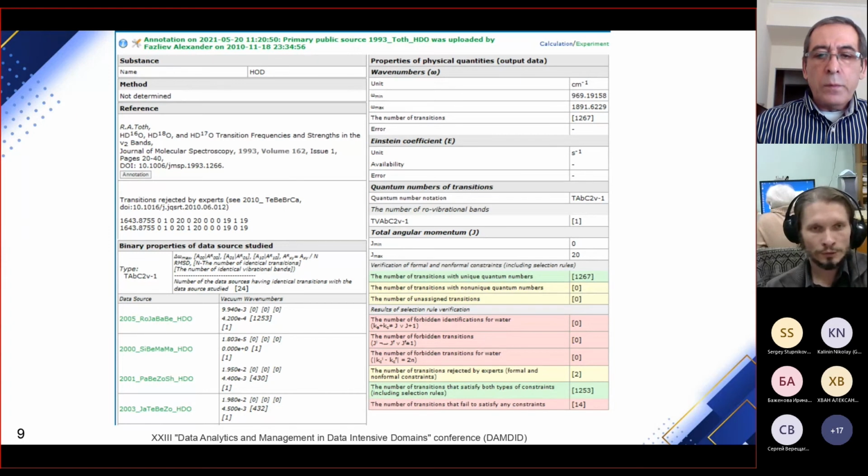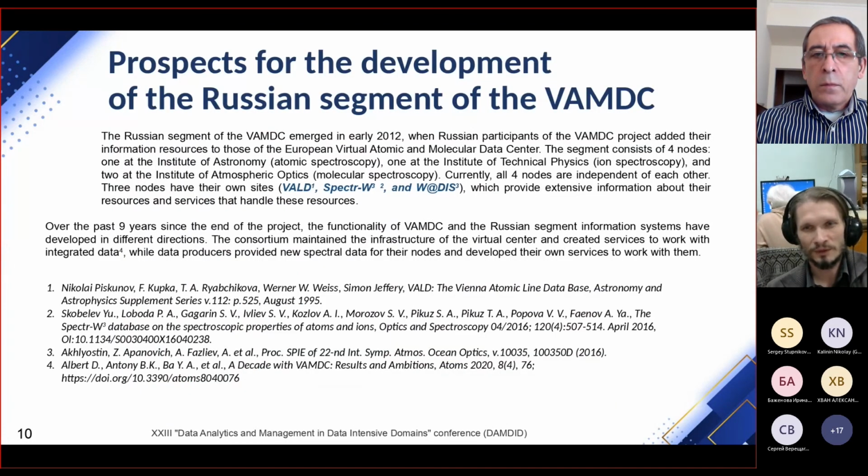Now, let us talk about the prospects for the development of the Russian segment of the VAMDC. Its segment emerged in early 2012, and it consists of 4 nodes: at the Institute of Astronomy for Atomic Spectroscopy, at the Institute of Technical Physics for Ionic Spectroscopy, and 2 nodes at the Institute of Atmospheric Optics for Molecular Spectroscopy.